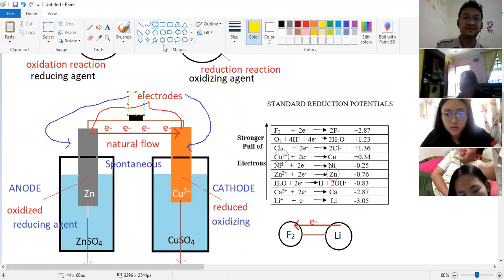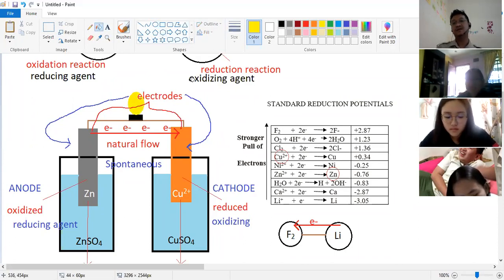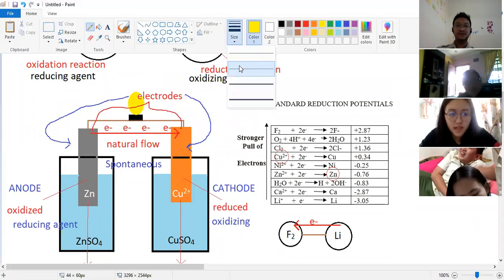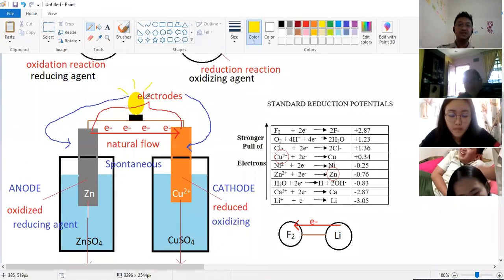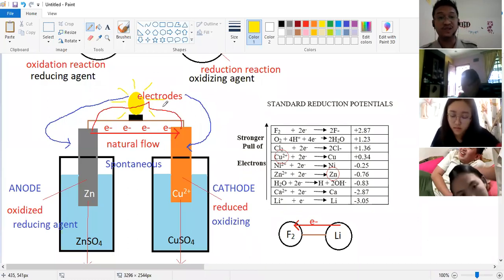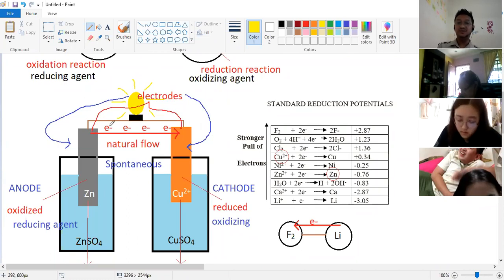The load will light up. It will consume the energy carried by the electrons, which we call electrical energy, and it will be converted to another form of energy, in this case light energy, because electricity is generated by this setup due to the spontaneous chemical reaction.